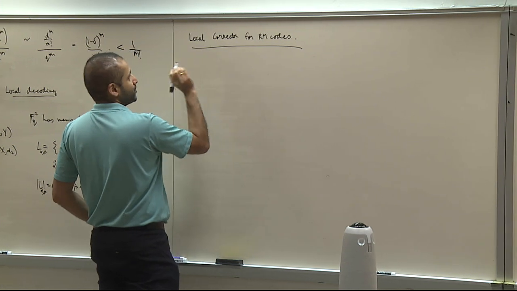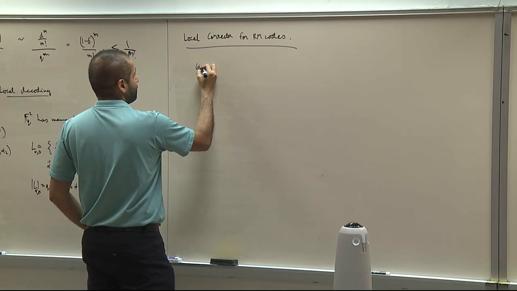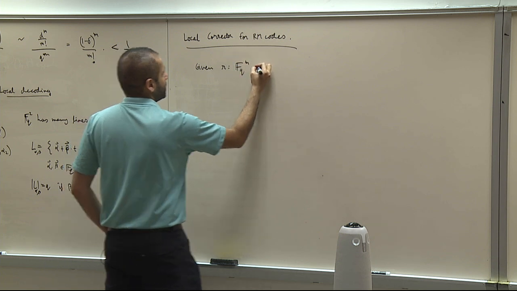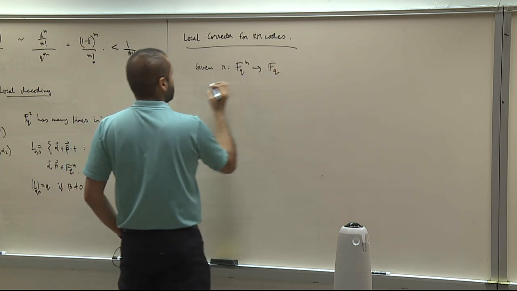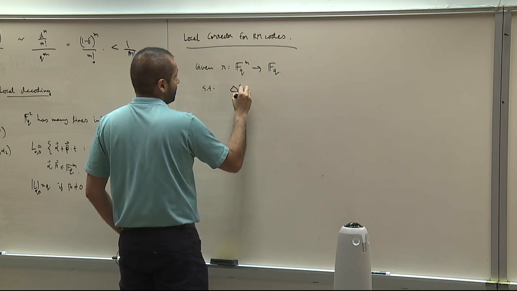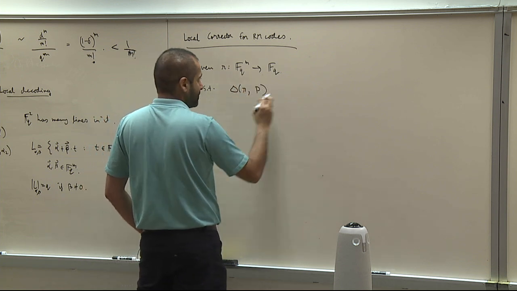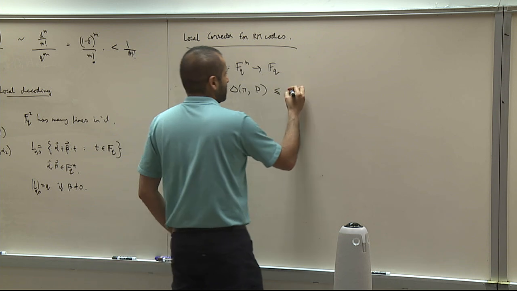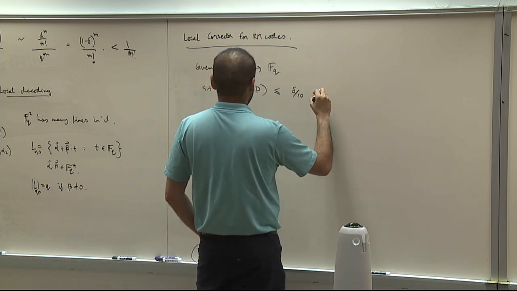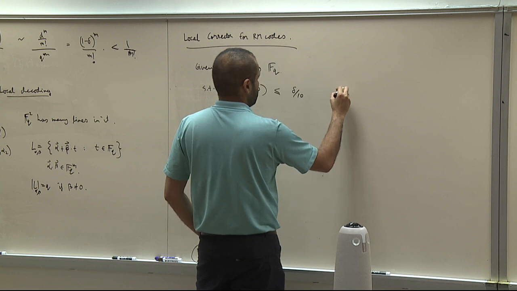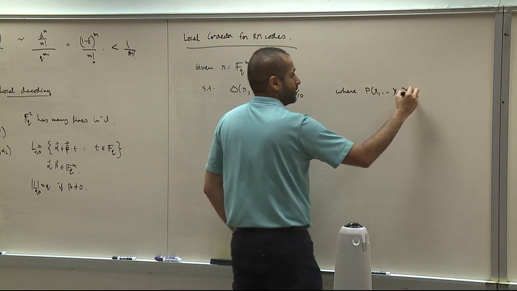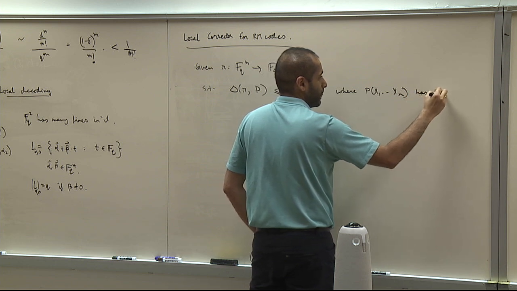So what's the problem? We are given R, which is a map from FQ to the m to FQ, such that the distance of R from some true polynomial P is at most delta over, let's say, 10, where P of x1 up to xm has degree at most d.